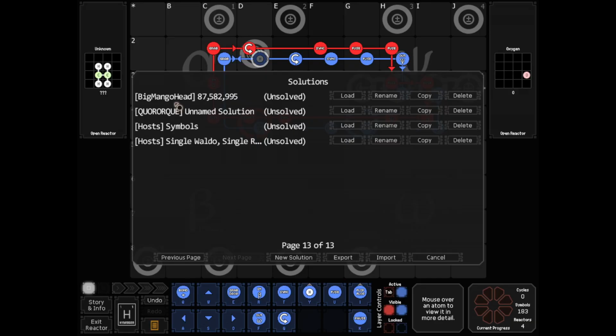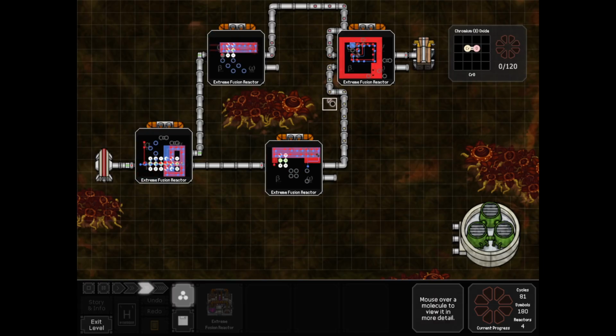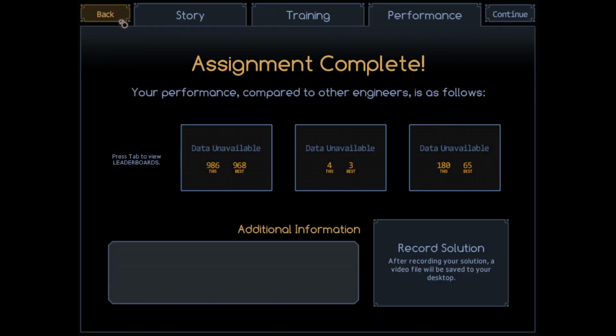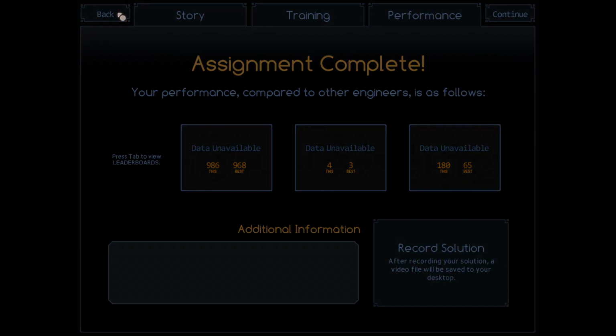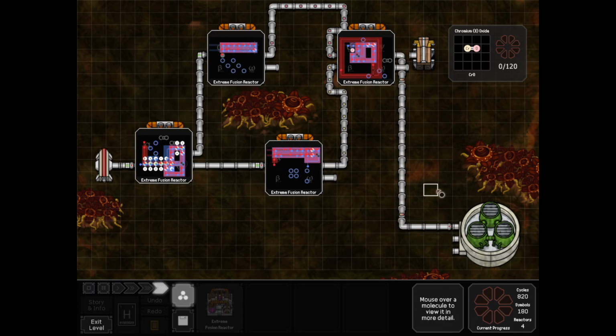The first one is by Big Mango Head, titled 87,582,995. And that is a reference to the cycle count where it crashes. So we can see that it works fine for 128 outputs. And then if we do this, it crashes at some point.